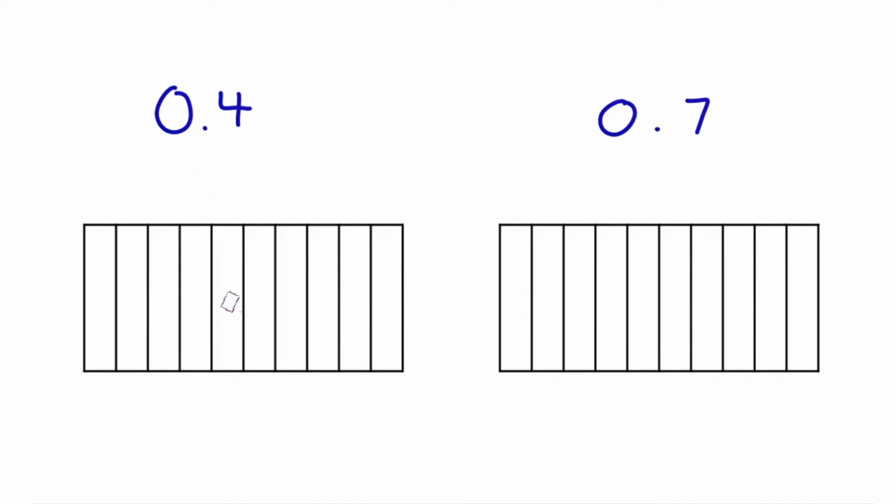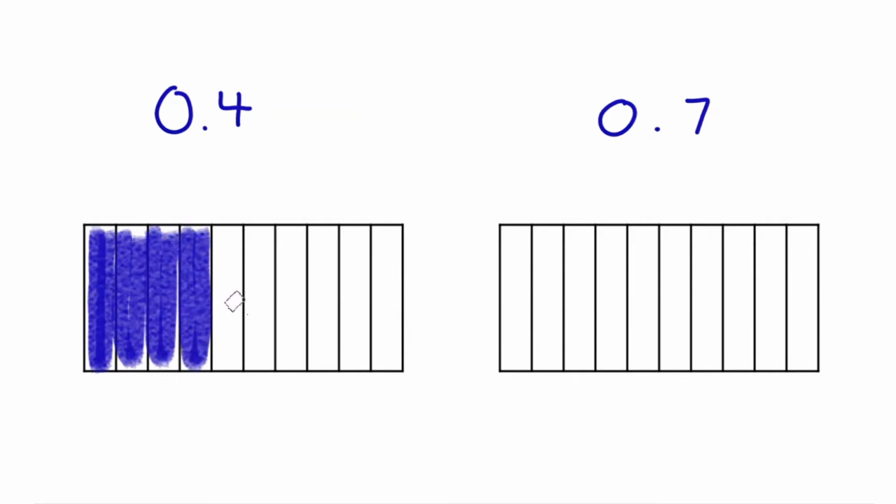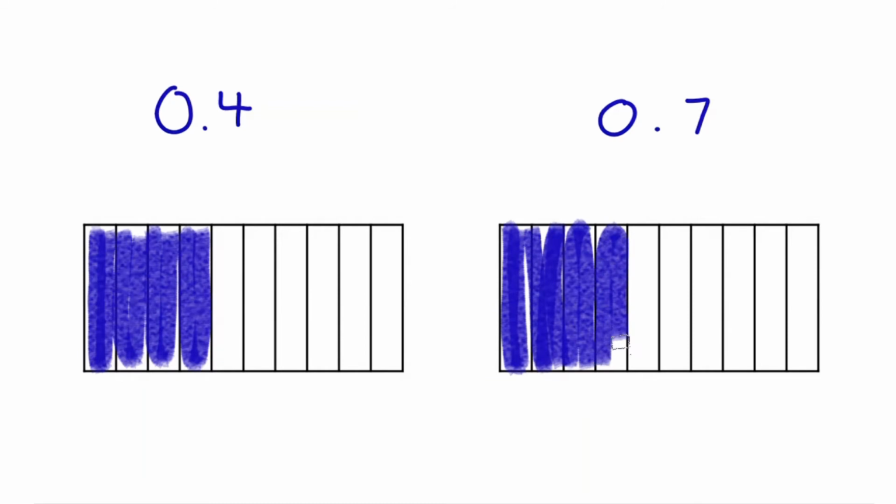Now, to display this on the model, we're going to take 4/10, since this is our grid of 10, and we're going to fill in 4 of them. 1, 2, 3, 4. And 7/10, we're going to fill in 7 of them. 1, 2, 3, 4, 5, 6, and 7.